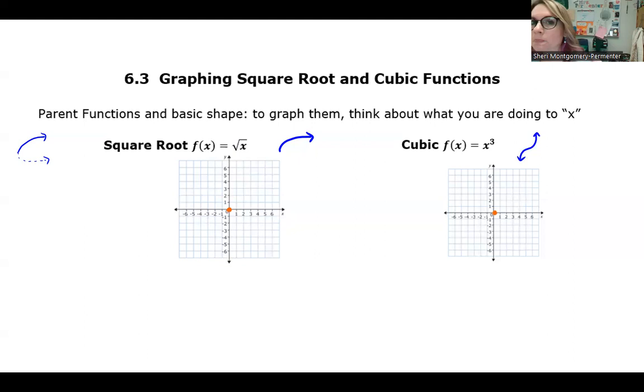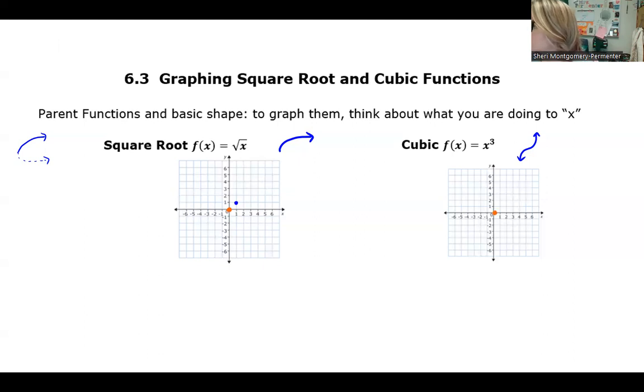After 0, as you move to the right, really only perfect squares are going to give us nice, pretty integers. So if I move over to 1, what's the square root of 1? 1. So I can go up to 1 and I can put a point. If I go over to 2, is 2 a pretty square root?